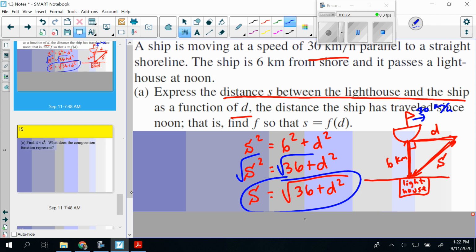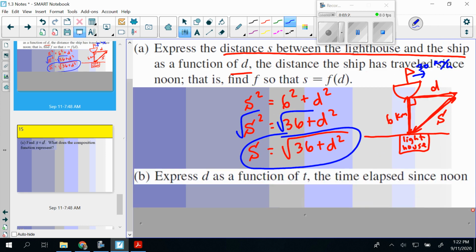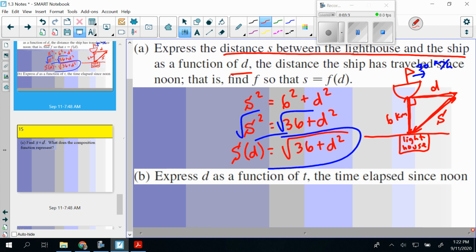Another way of saying that is that s, our function here, is a function of d. All right, express d as a function of t, the time that has elapsed since noon. So now how do we find d, how far the ship has gone? Well, the distance it travels has to do with the speed and how much time has elapsed.